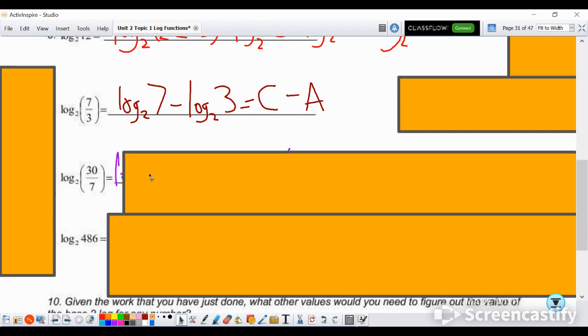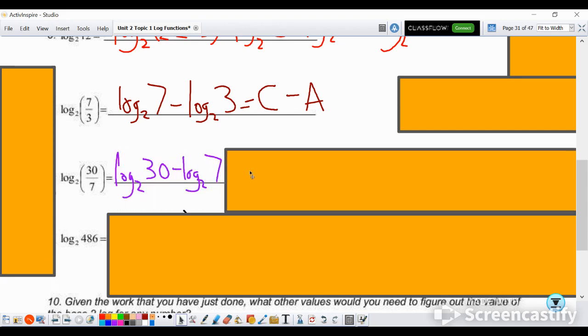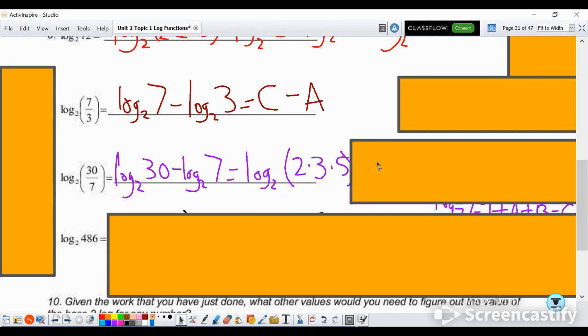So let's change it first into the subtraction rule: log base 2 of 30 minus log base 2 of 7, and then we can change 30 into log base 2 of 2 times 3 times 5, because those multiply to 30. And then log base 2 of 7 is defined above.